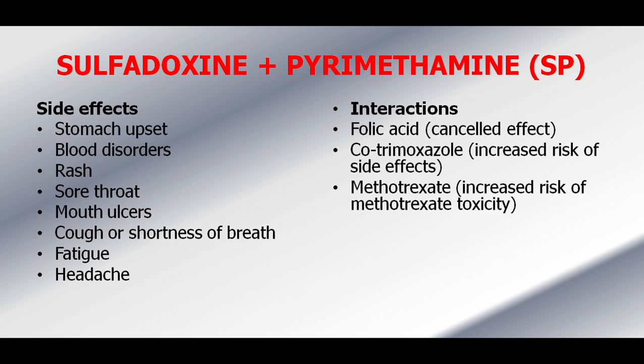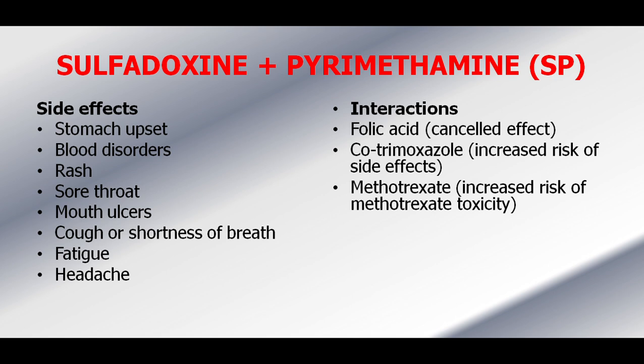Now, they can also interfere with folic acid synthesis within your body, leading to blood disorders. Then we have rash, sore throat, mouth ulcers, cough or shortness of breath, fatigue, and then headache.